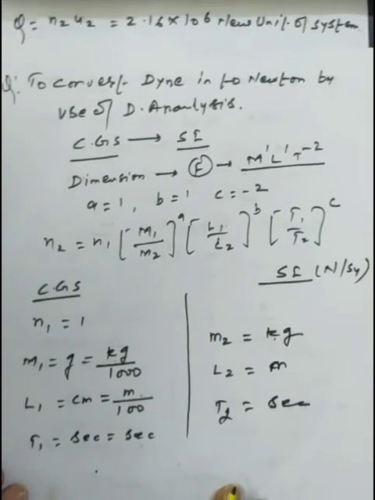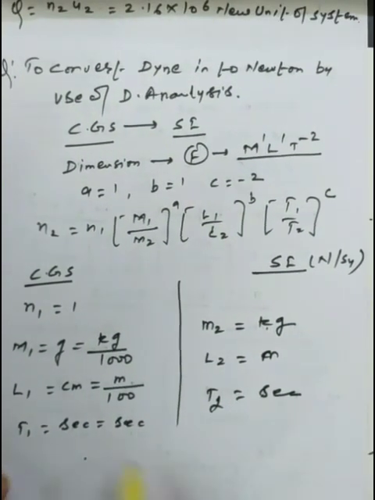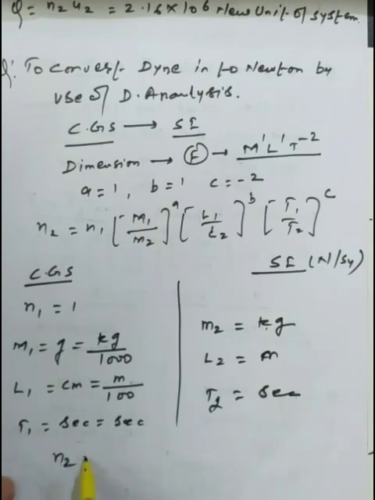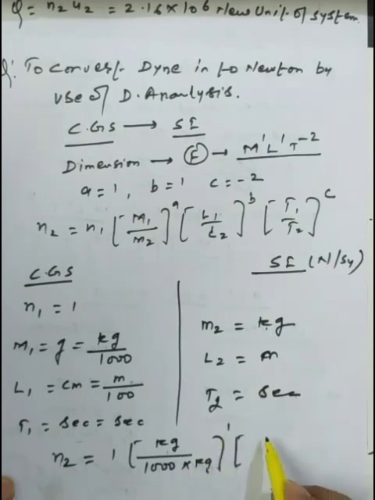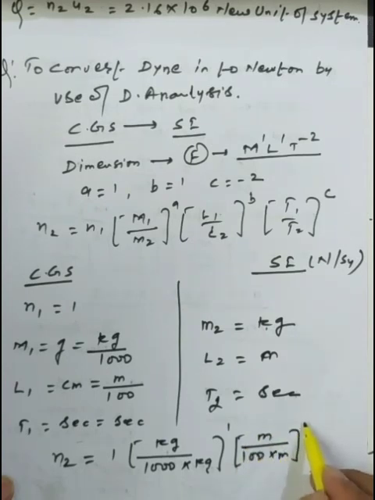Putting in all the parameters, N2 is equal to N1, that is 1, into kilogram upon 1000 with the power a is equal to 1, meter upon 100 into meter with the power b, that is 1, and second divided by second with the power minus 2.